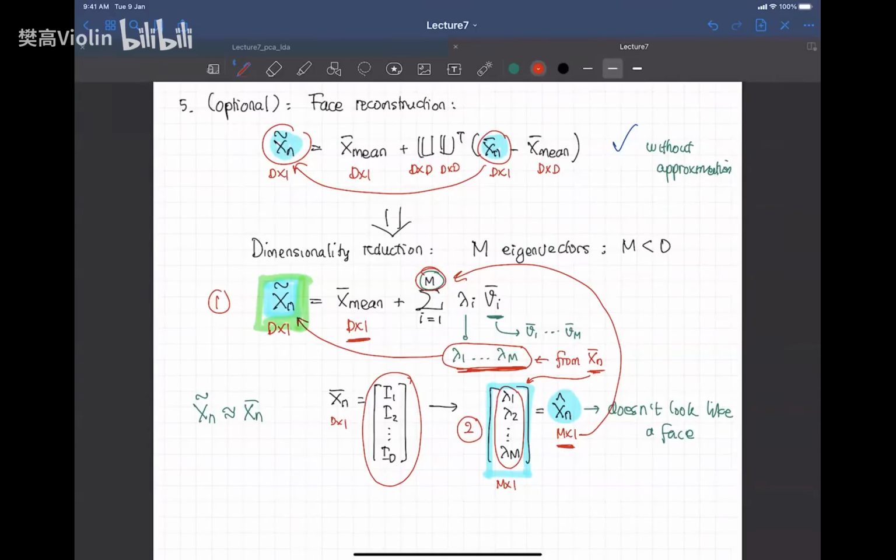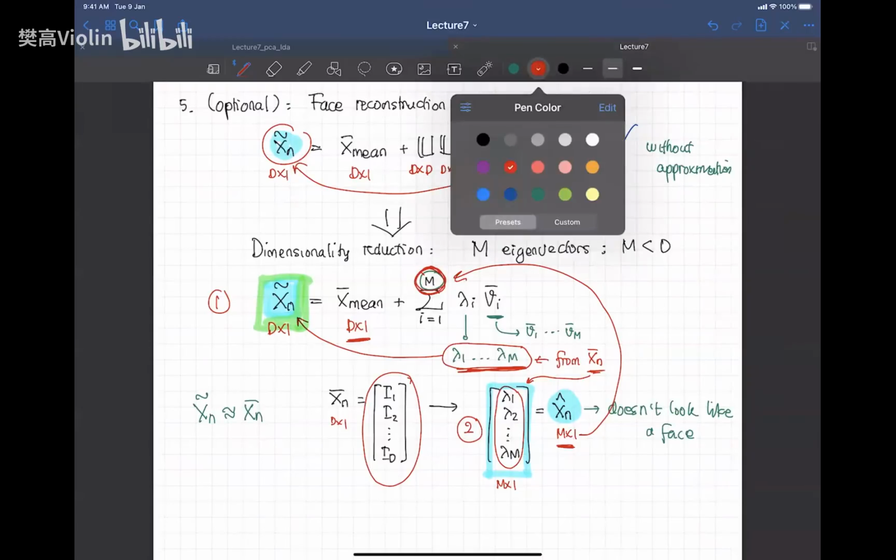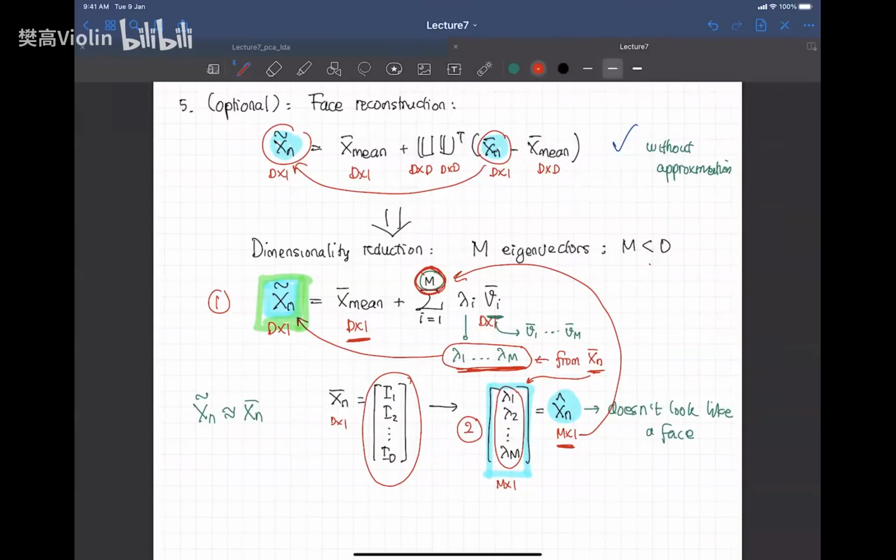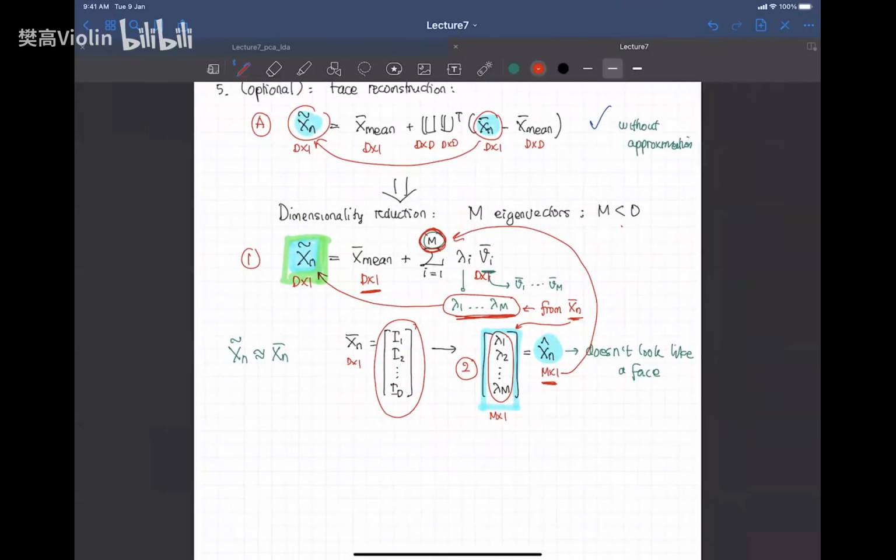It's this one. This x mean is just there. Then how do you add d by 1 with m by 1? Everything here is d by 1. So this is a bit different from this equation. If you want to write in this kind of equation, everything has to be the same.